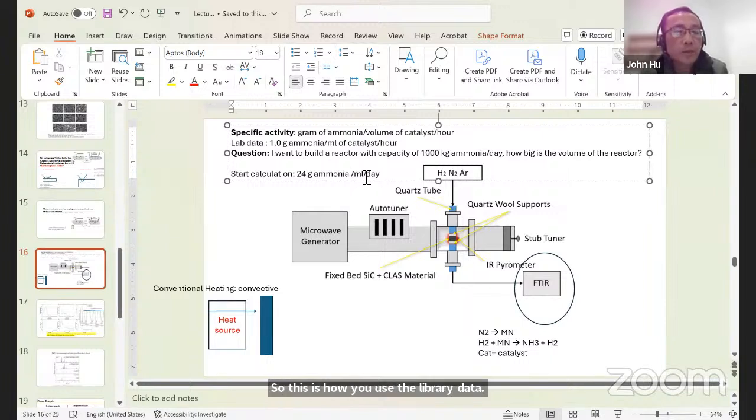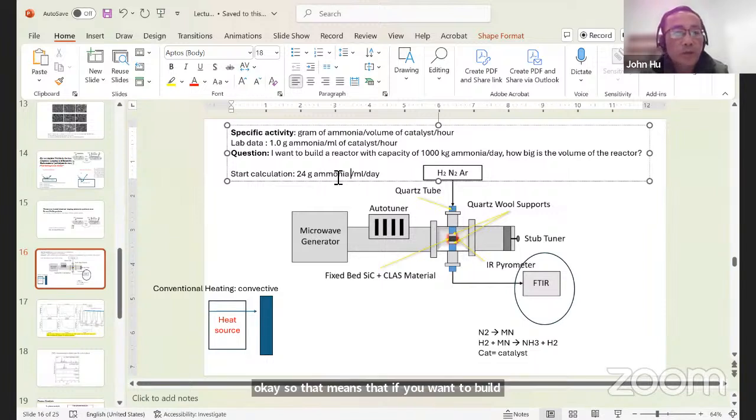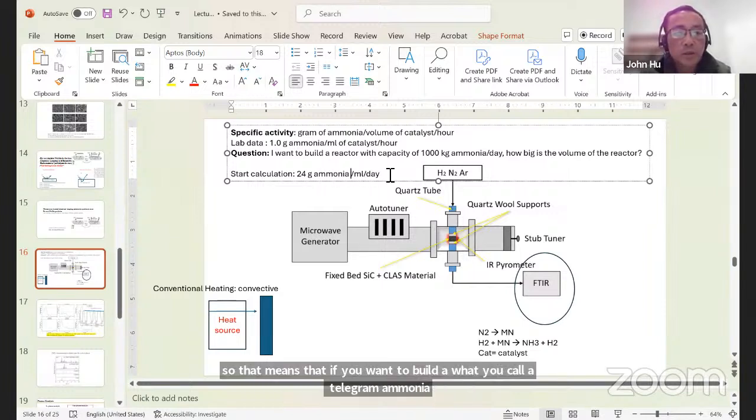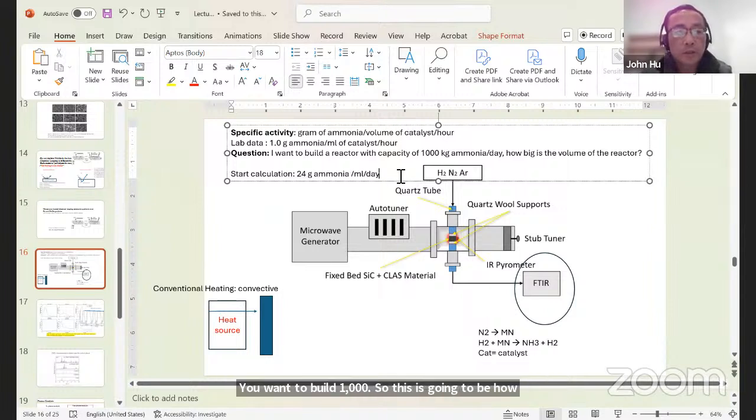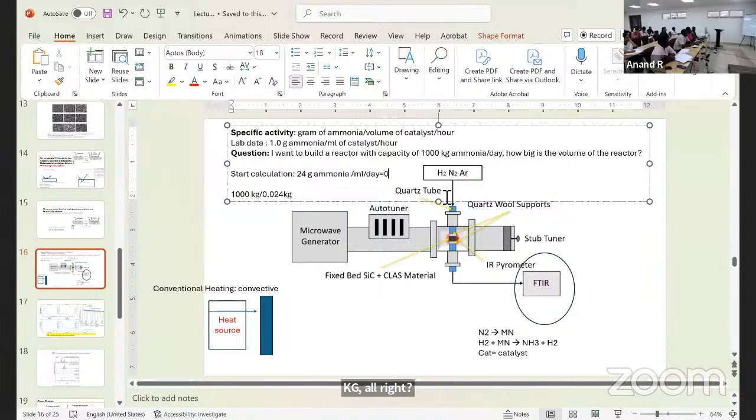So that means if you want to build 1,000, this is going to be how much? This is going to be 1,000 kg divided by 0.024 kg. You follow me?